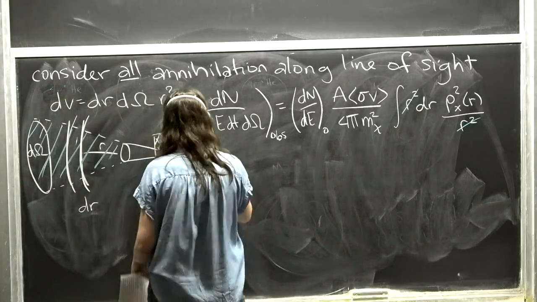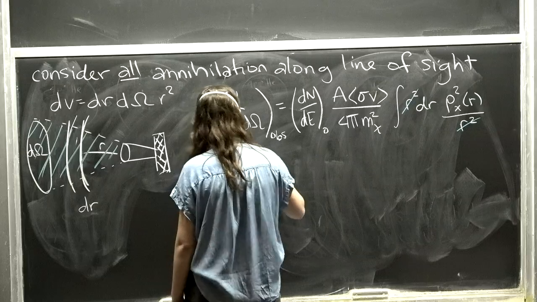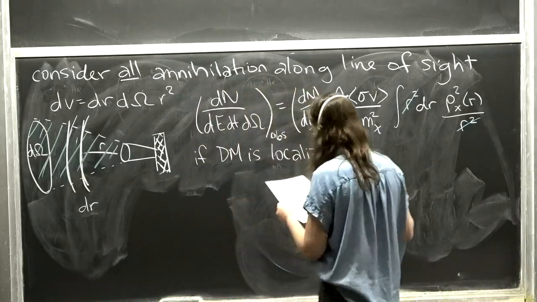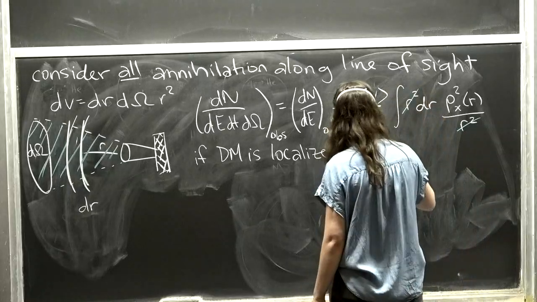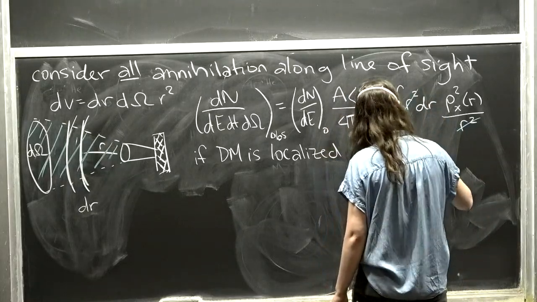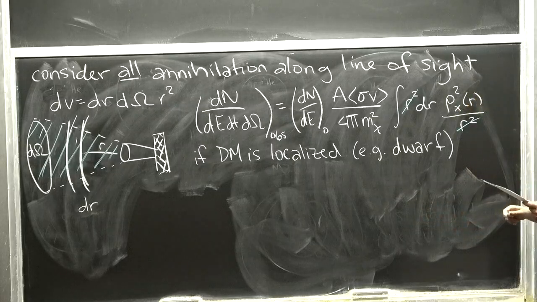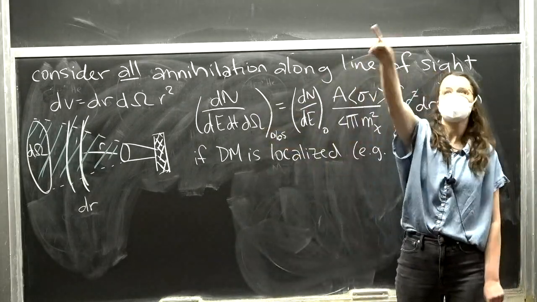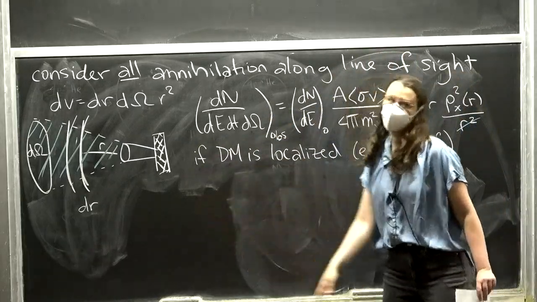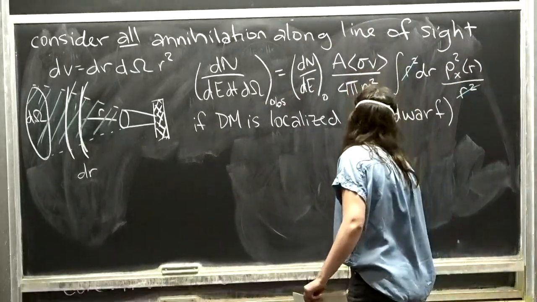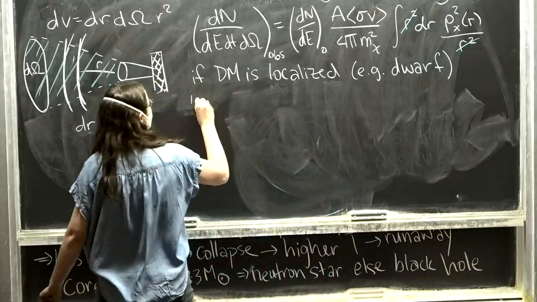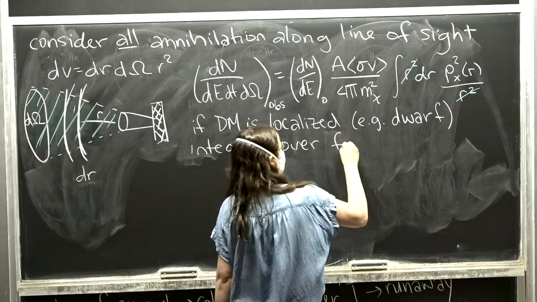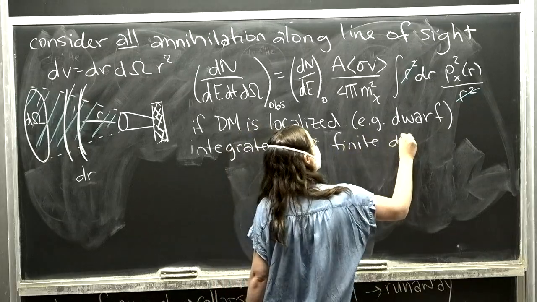If the dark matter is localized, for example to a dwarf galaxy, then it also makes sense to integrate over this solid angle, right? I only want to look at this little region here. I don't want to look over here. So we're going to integrate over a finite dΩ.